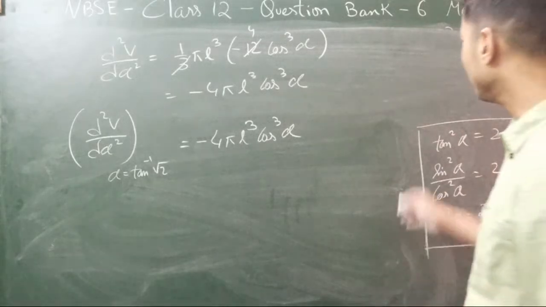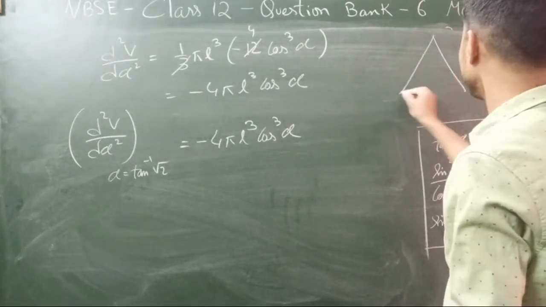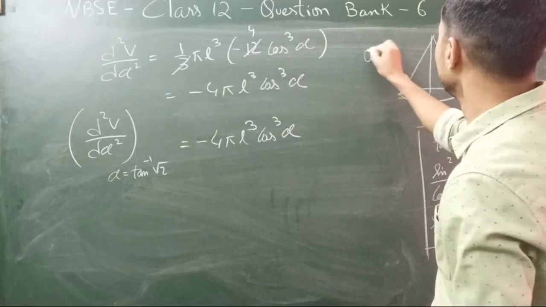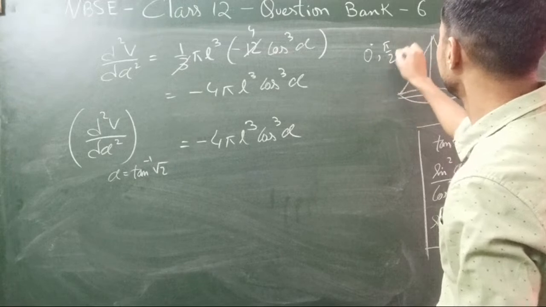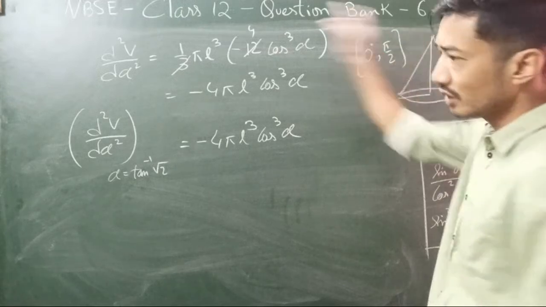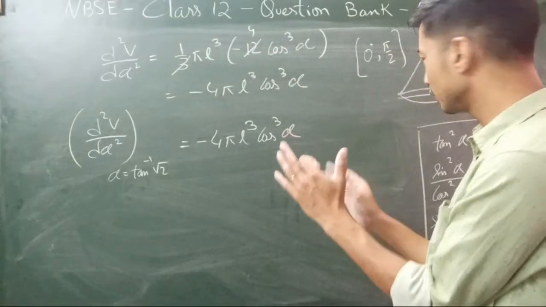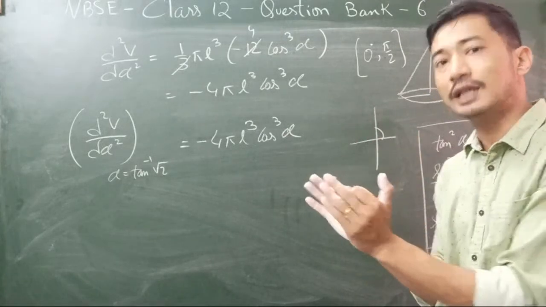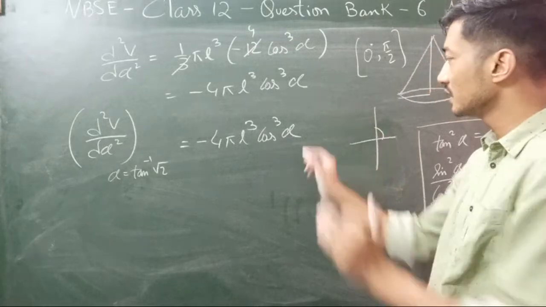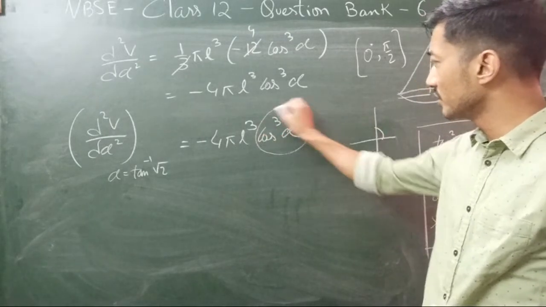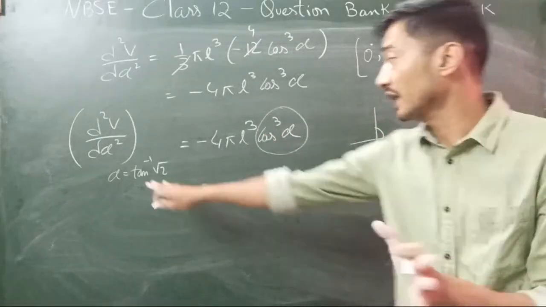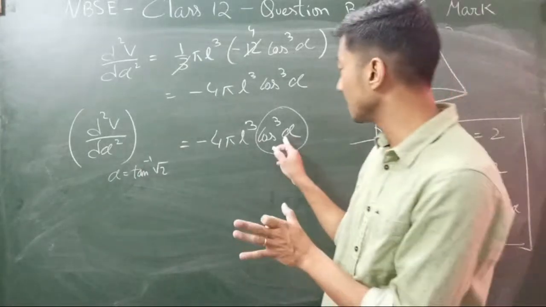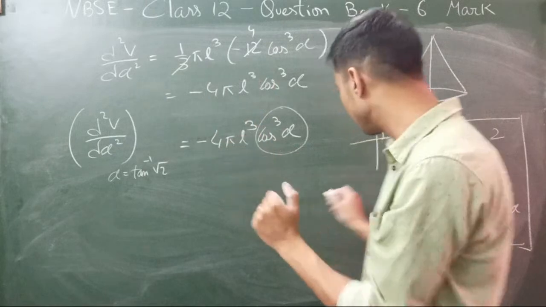But see, one concept that you have to understand is semi-vertical angle. This will always be between 0 degree and 90 degree. It will not be beyond that. So we are going to be discussing the semi-vertical angle in the first quadrant only. In the first quadrant, cos value will always be positive no matter what the angle alpha is, because alpha is the semi-vertical angle of a cone.